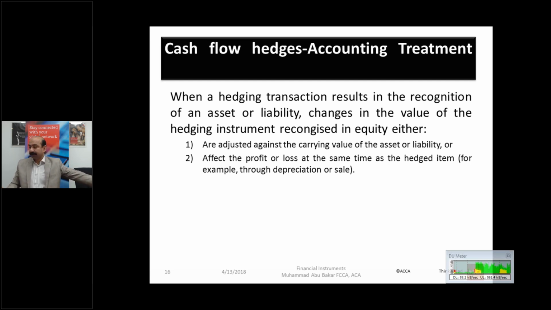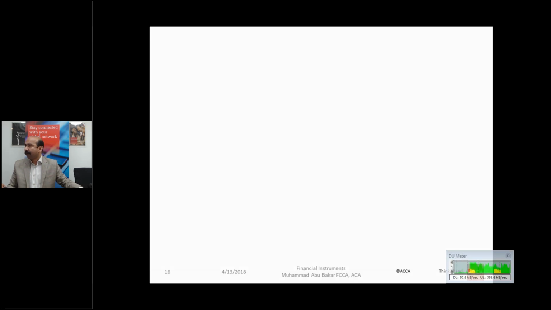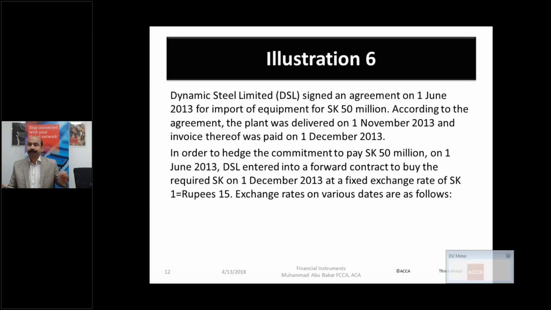Now, let's go to the illustration. Before going to the illustration, can you please read the questions which we have received from the participants? Yes, we have some questions from the participants.